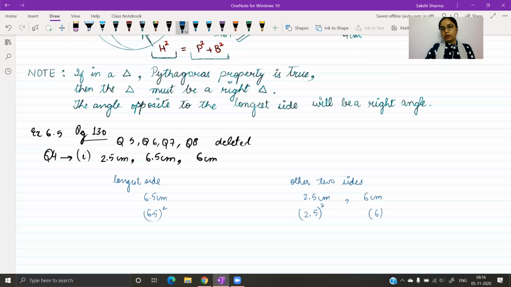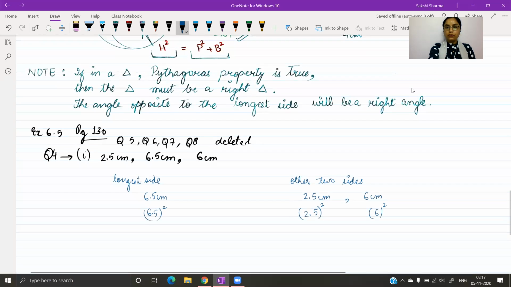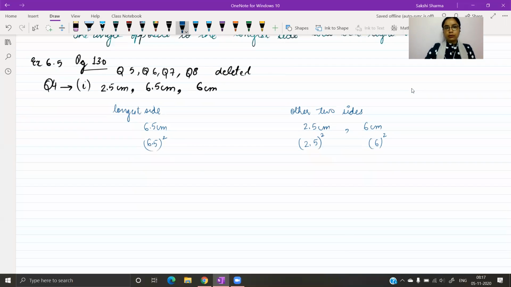I hope you remember how to find out the square. You have to multiply the value with itself, not with 2. So 6.5 will be multiplied by 6.5. This is multiplication of decimals. On this side, we have 2.5, 2.5 multiplied, and then 6 multiplied with 6.